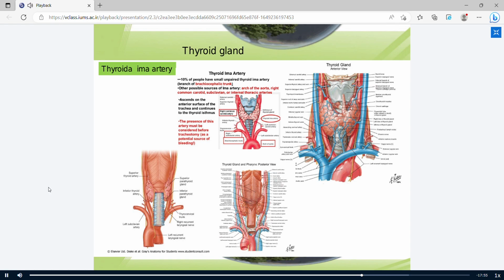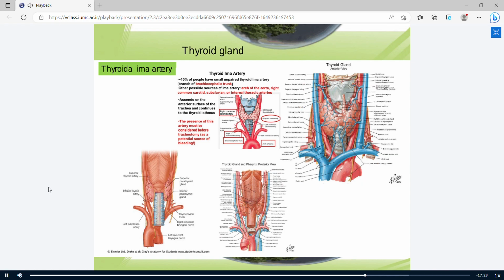But there are three veins of the thyroid gland: the superior thyroid vein, middle thyroid vein, and inferior thyroid vein. Please look at this picture. The superior thyroid vein and middle thyroid vein drain to the internal jugular vein, but the inferior thyroid vein drains to the brachiocephalic vein.